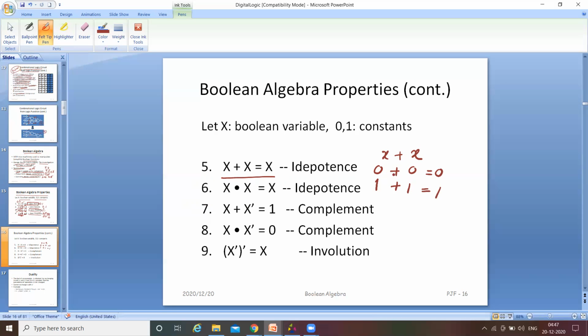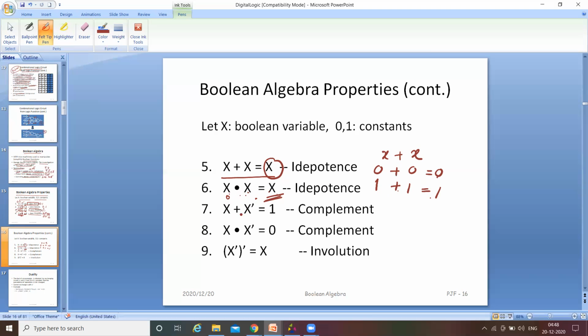So if 0 then 0, if 1 then 1, therefore x plus x is equal to x only. Next, x dot x: 0 dot 0 is 0, 1 dot 1 is 1. Whatever the x value, 0 dot 0 is 0, and 1 dot 1 is 1. So x dot x is also x.